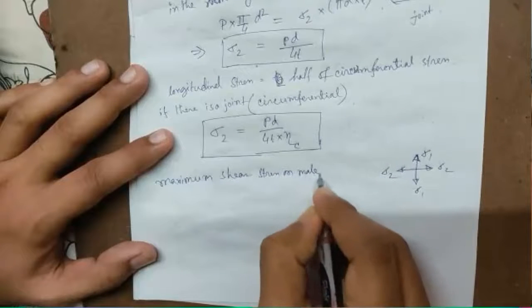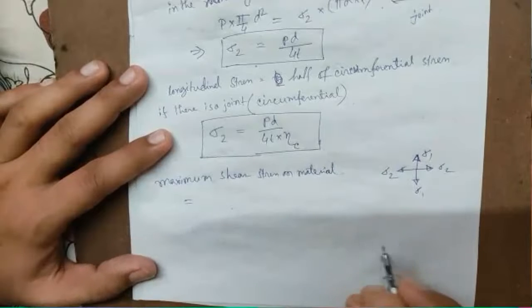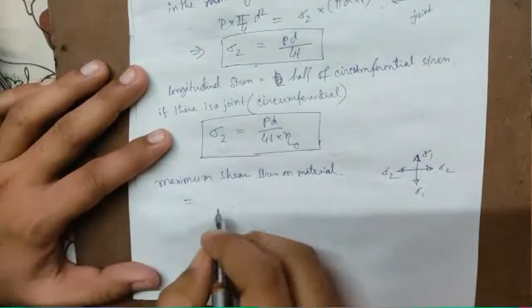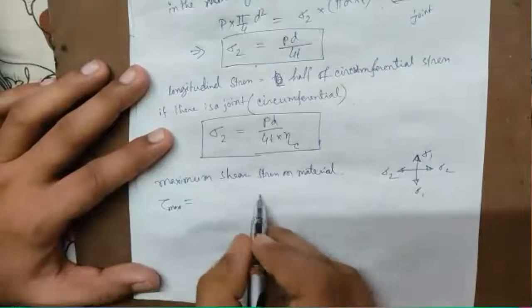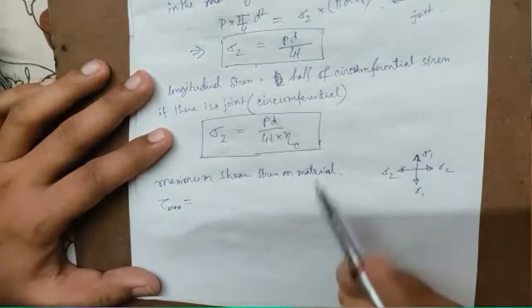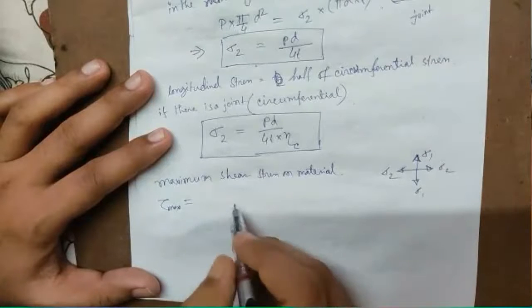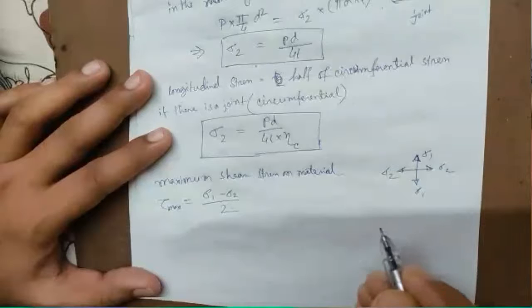we have already found out in the principal stress chapter. So the maximum shear stress tau max, if you remember, that was the radius of the Mohr's circle. So we can write sigma 1 minus sigma 2 by 2.